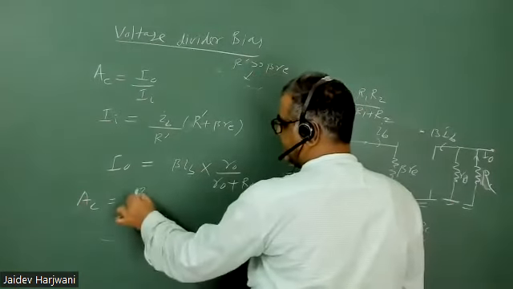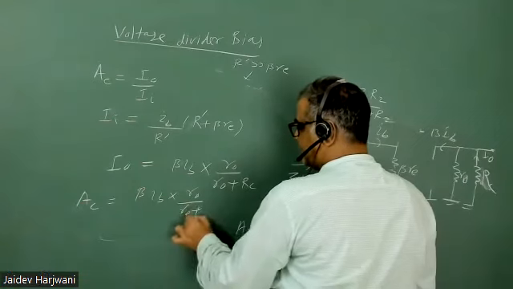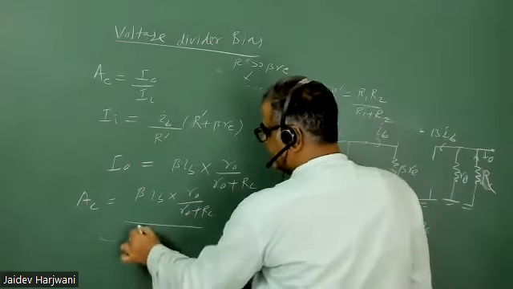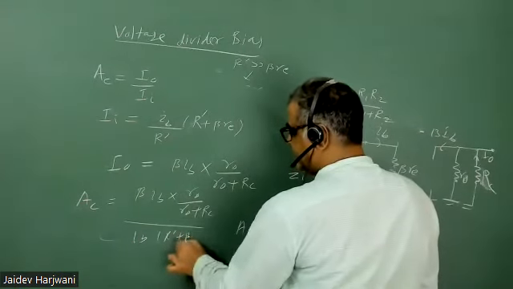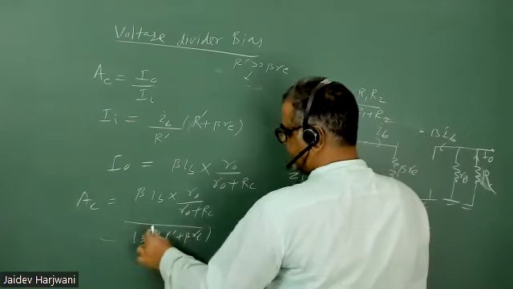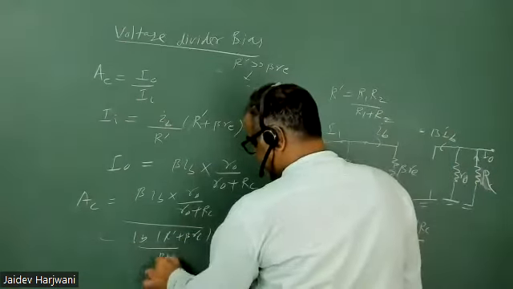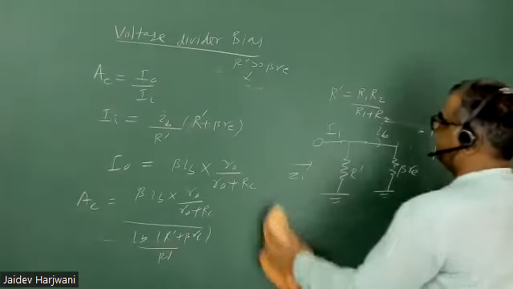Very good. Okay. Now you want gain AC. I naught is your beta IB into R naught upon R naught plus RC. Then you have IB as R dash upon R dash plus beta RE. So solve. Tell me what is coming.